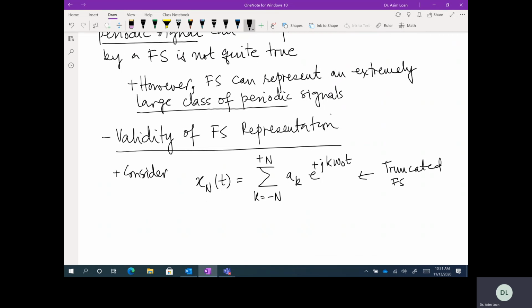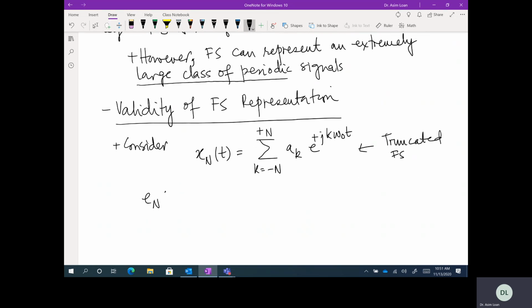Okay. And we find this En, which we did in the beginning of this lecture. So this is x of t minus xn of t. Define this one, and you find the energy in En of t over one period.